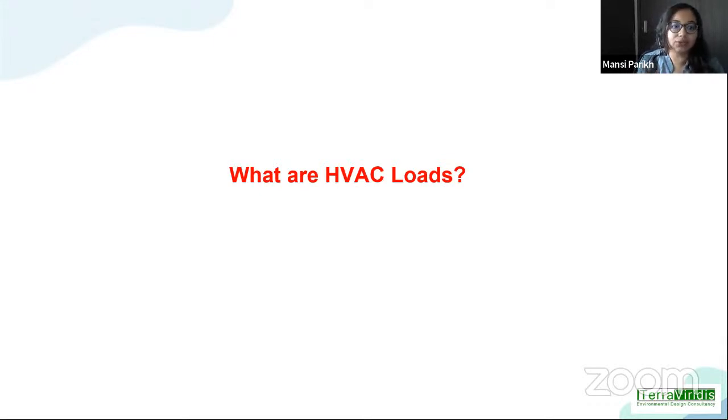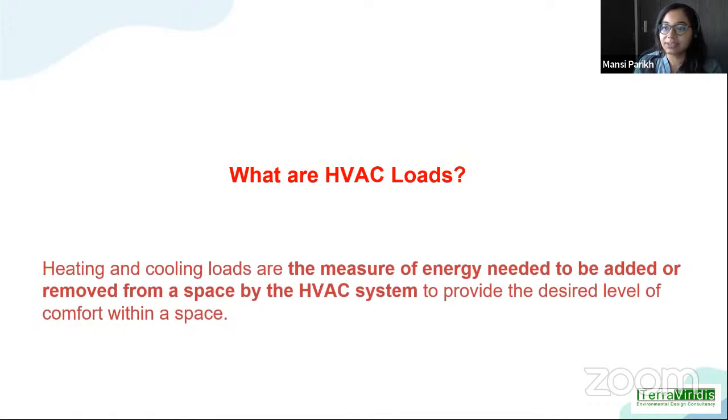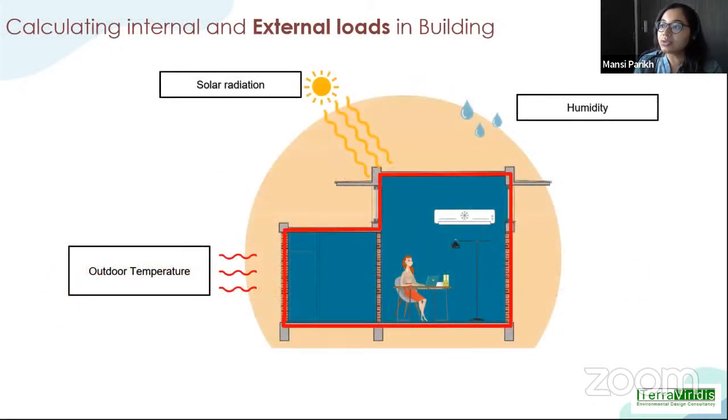There are two kinds of cooling loads, I would say, specific to Indian climate: the external and the internal loads. External loads directly depend on the location and the climate type. They are impacted by solar radiation, outdoor temperature, and humidity. Heat gain in a particular space is directly proportional to cooling loads.